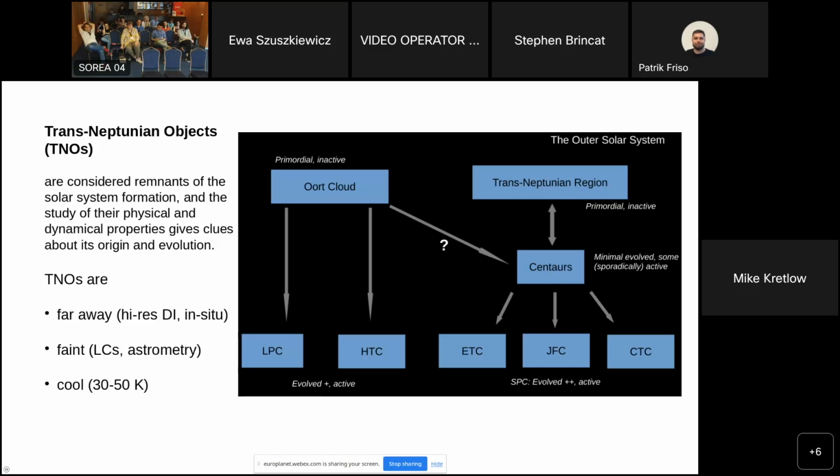In situ observation is very, very expensive. We have just one case, the New Horizons mission, and they are faint, as mentioned in the first talk. So light curve observations are also very difficult and usually need larger telescopes.